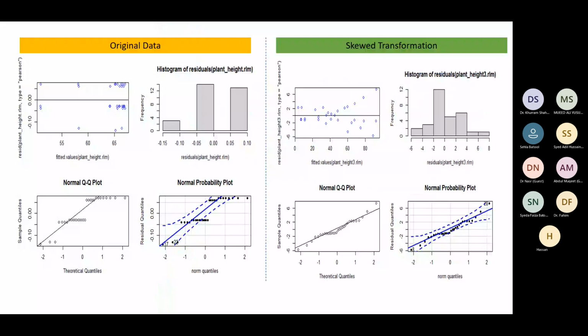Other ways are also available in our software, and descriptive statistics also show whether your data is normally distributed or not. Then in this step I show you the linear model in R.